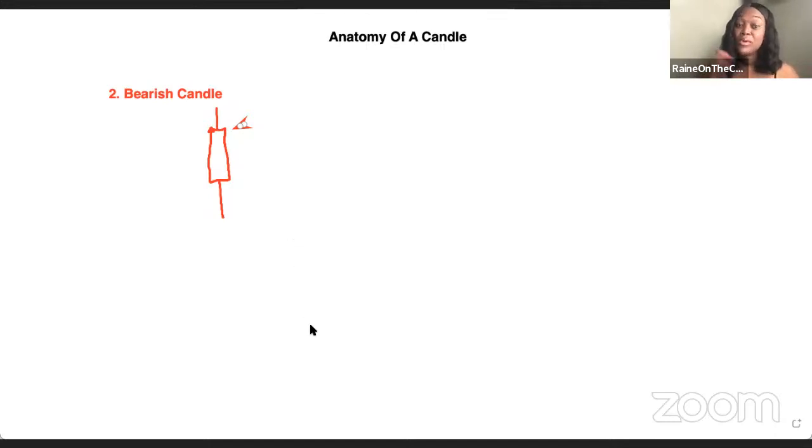Okay. For a bullish candle, it's at the bottom of the body, not the bottom of the wick, the bottom of the body of the candle. That's where price opens up. So this is the opening.